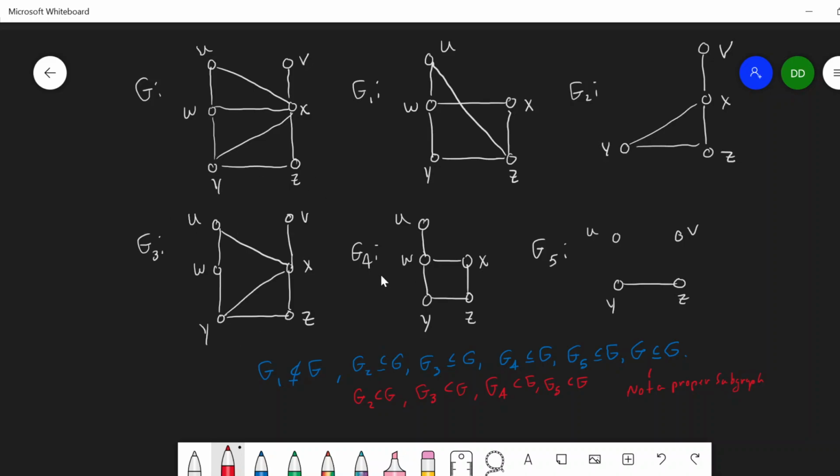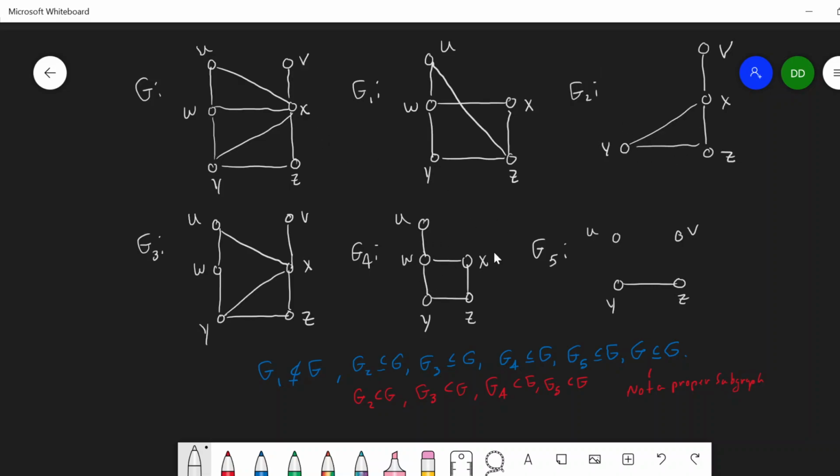Next up is spanning subgraphs. Spanning subgraph means that the vertex sets between the two graphs are the same, but the edge sets maybe aren't. So in particular, let's take a look at G2. G2 wouldn't be a spanning subgraph of G because it doesn't have the same vertex set. Same for G4.